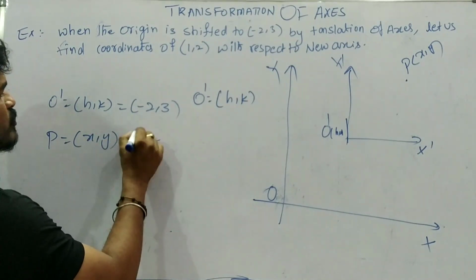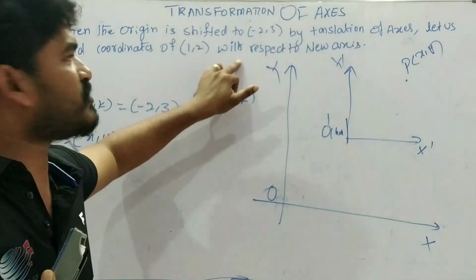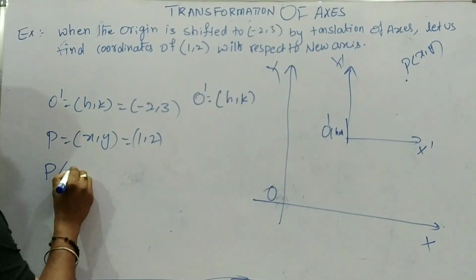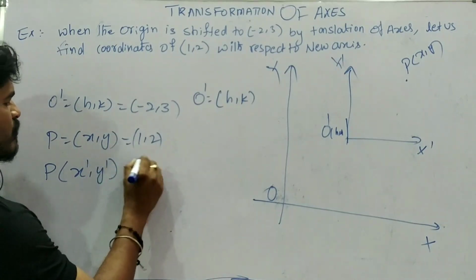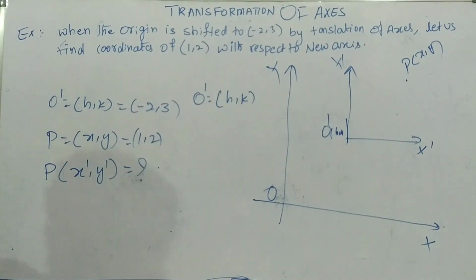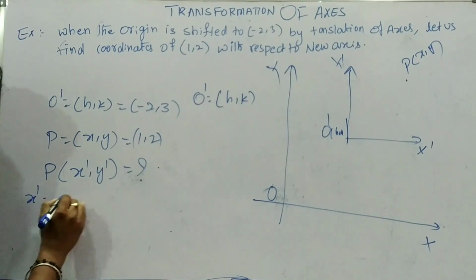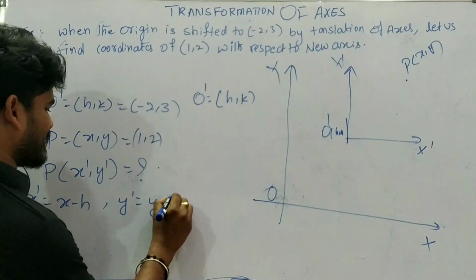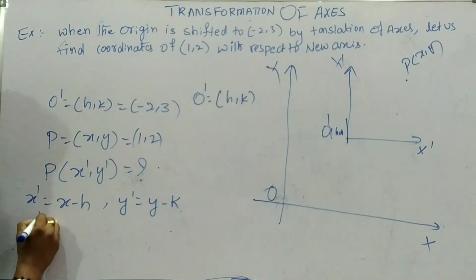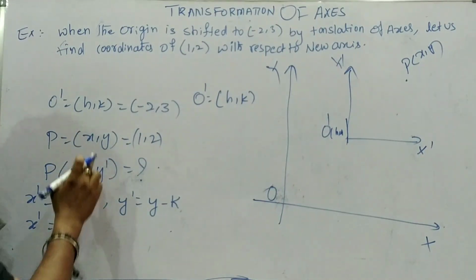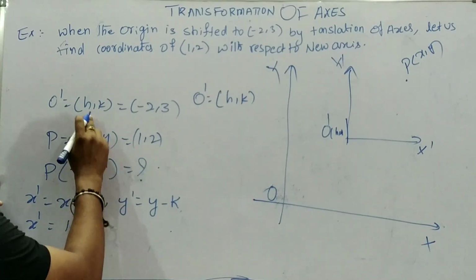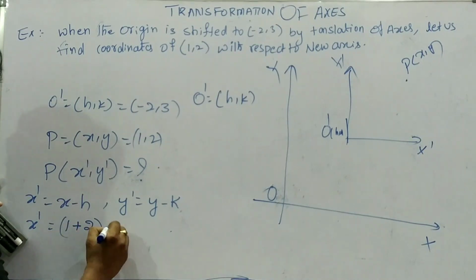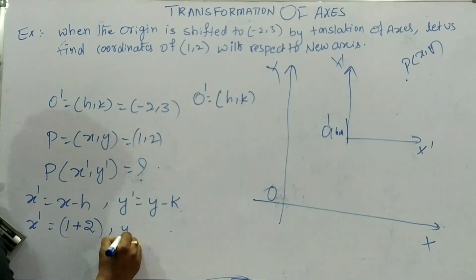Actually, we are going to find P(x', y') with respect to the new axes. Understand? Therefore x' equals x minus h, y' equals y minus k. So x' equals x minus h, which is 1 minus (-2), that is 3. Next, y' equals y minus k.